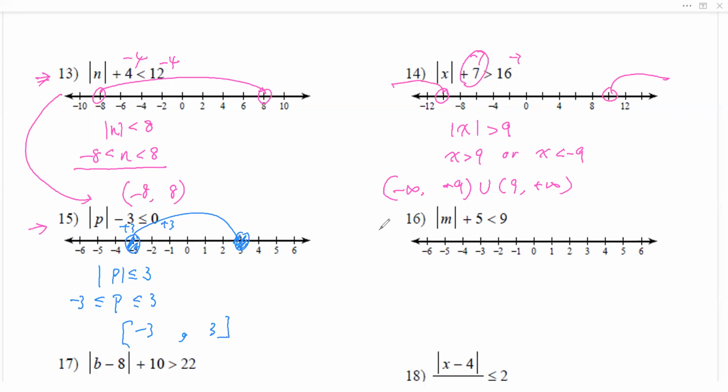Right. Let's go to 16. Subtract 5 from both sides, you get absolute m less than 4. So we write m less than 4 and greater than -4. So in between -4 and 4, right? So you just need -4, comma, 4 in between, right? So that's really much easier, right? Much easier.